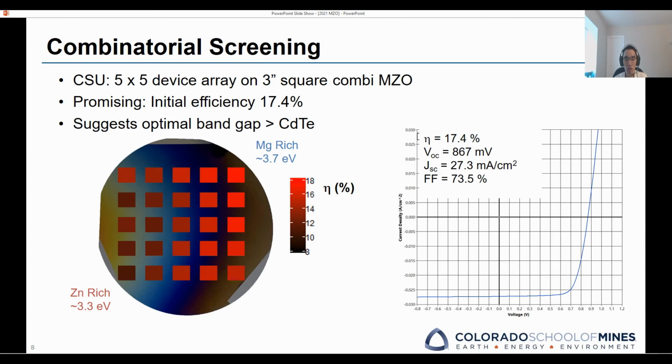In a preliminary screening, we employed a 3-inch square combinatorial library of MZO to make 25 devices. We have a zinc ridge on one corner and a magnesium ridge on the other corner. This result is very promising because we are able to make over 17% efficiency in this library. This also suggests that the optimal bandgap of MZO in CST devices is slightly higher compared to CdTe absorbers.